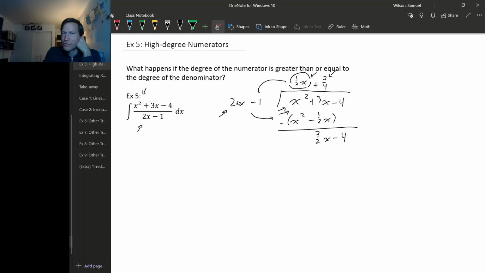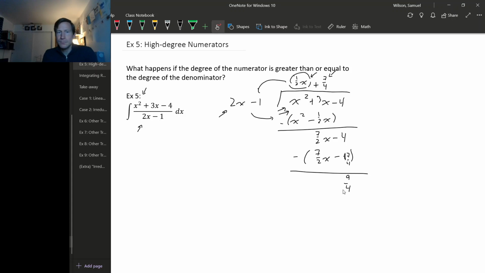So 7/4 times 2x is 7/2 times x, and then 7/4 times minus 1 is minus 7/4. Subtract. The high degree term cancels, that's good. And then minus 4 plus 7/4 is going to be minus 9/4, I think.